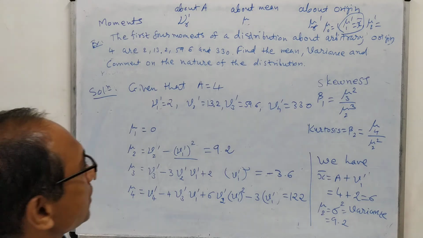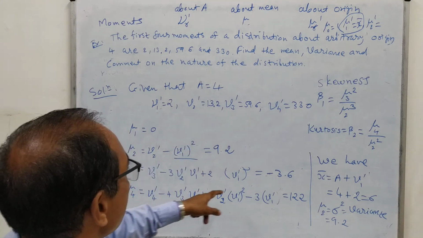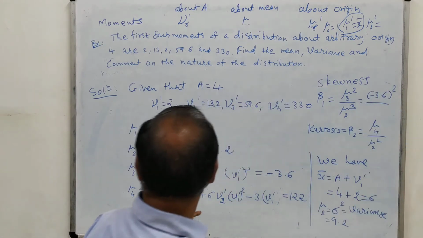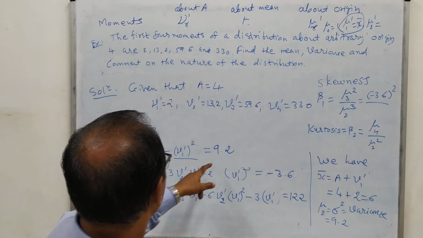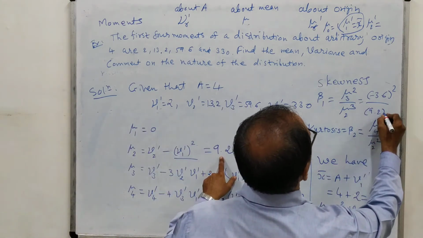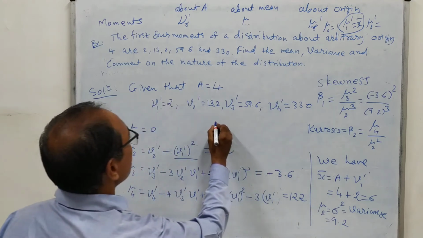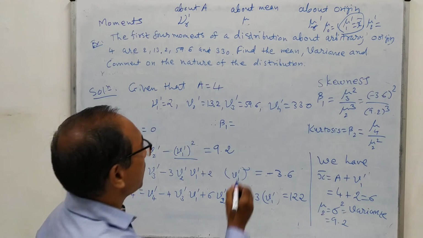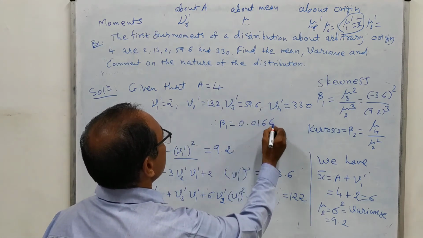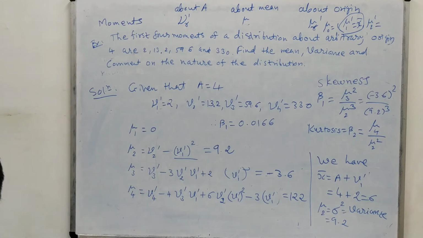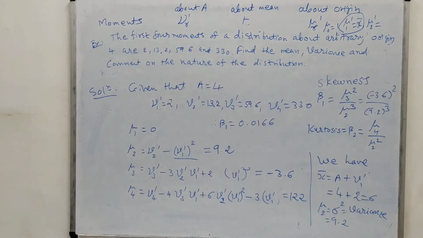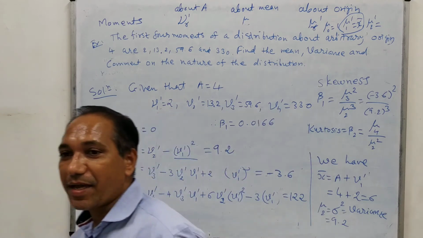Beta 1 is mu3 square, that is minus 3.6 whole square, divided by mu2 cube, that is 9.2 cube. If you calculate this, you get beta 1 equal to 0.0166. As I told you, skewness depends upon the sign of beta 1.